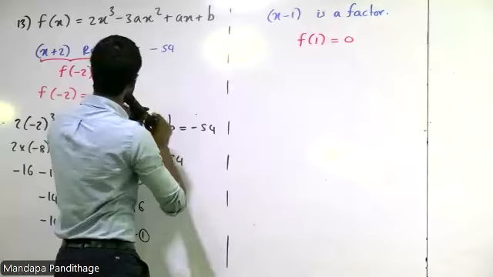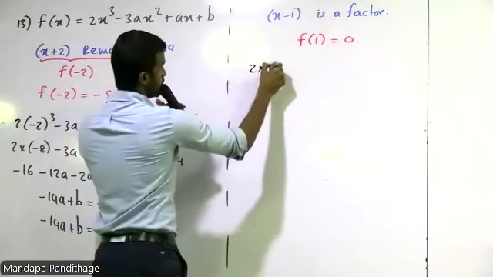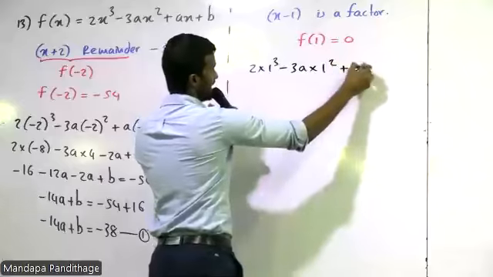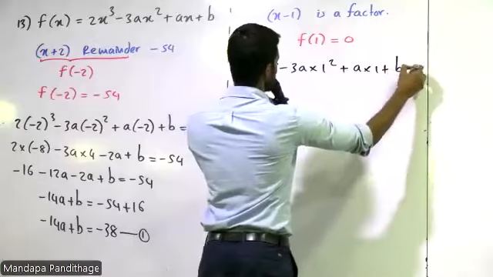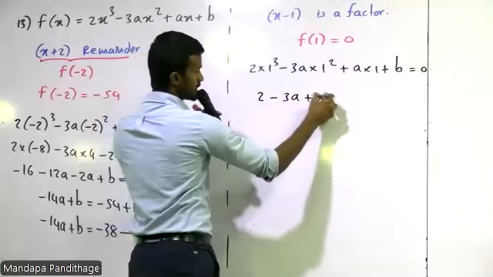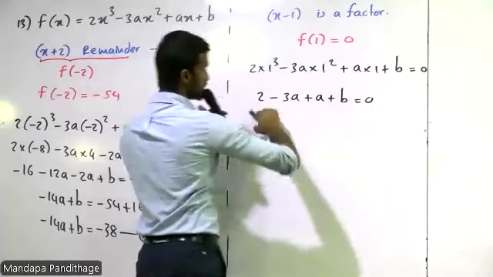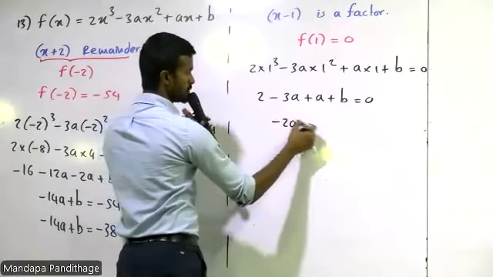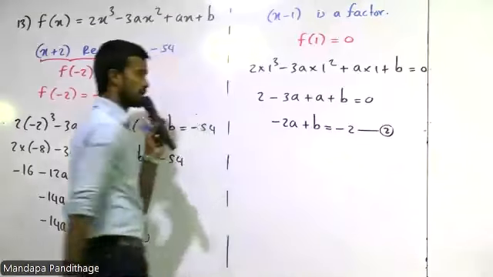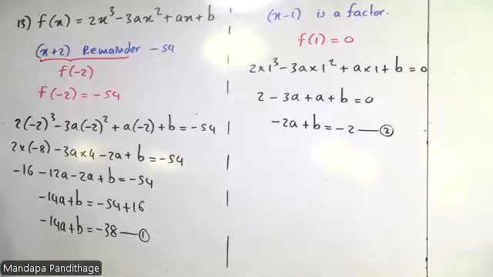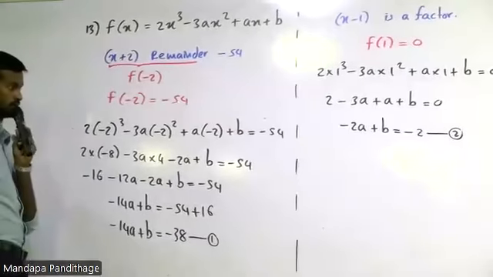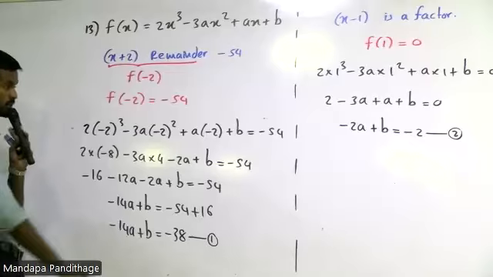So put f(1): 2 into 1 cubed, 3a into 1 squared, a into 1 plus b is equal to 0. 2 minus 3a minus a plus b is equal to 0. I'll take the 2 to this side: minus 4a plus b is equal to minus 2. So this is the second equation you got. Clear?